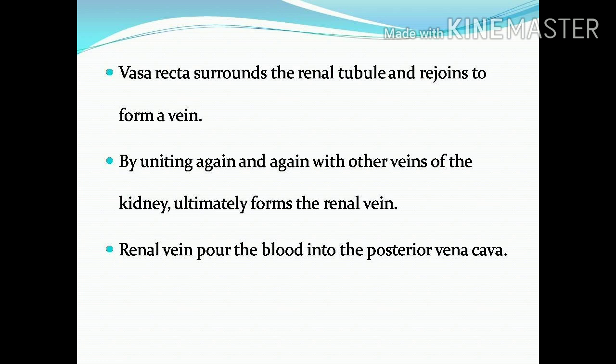This network surrounds the renal tubule region, rejoins, and forms the renal vein. The renal vein carries the deoxygenated blood from the kidney to the posterior vena cava. This is the supply of the blood to the kidney tubules.